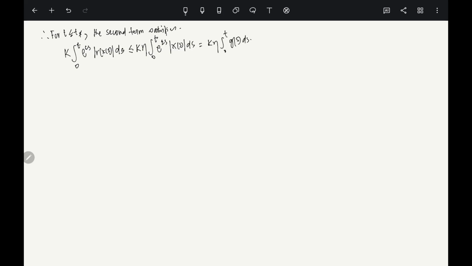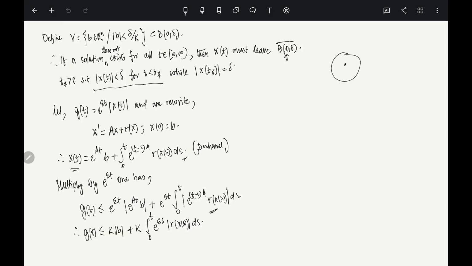I hope this is clear. Is it fine? I'm just writing this part there.